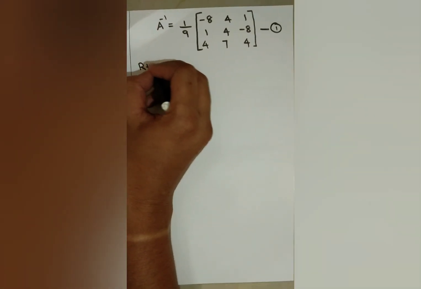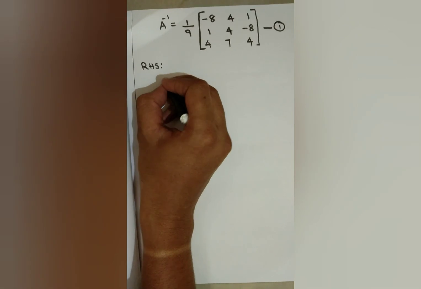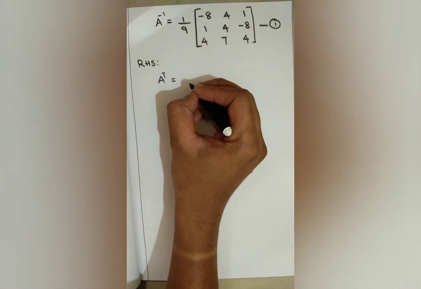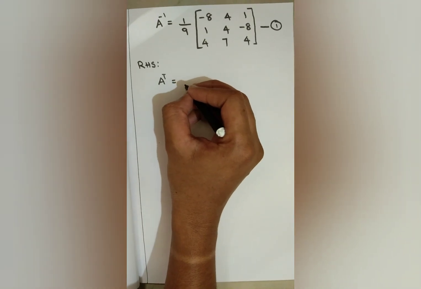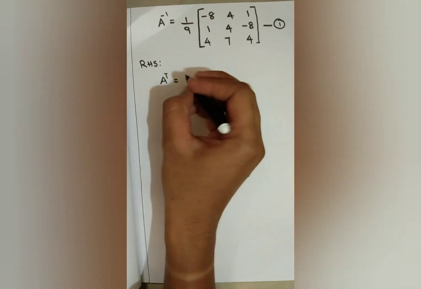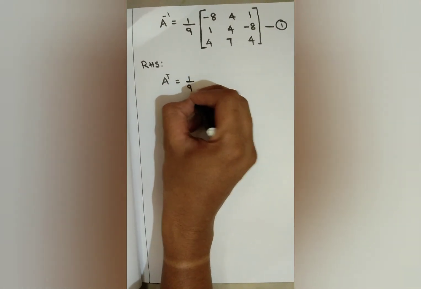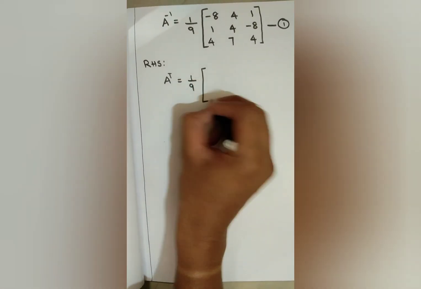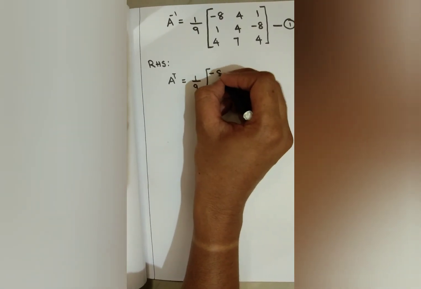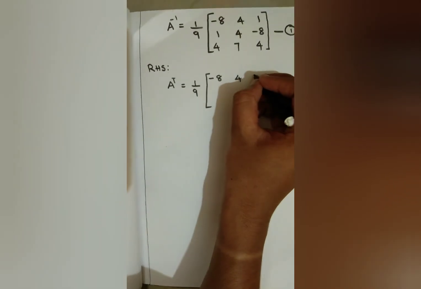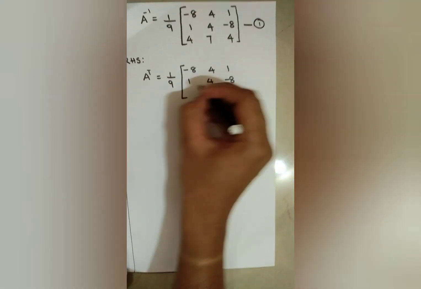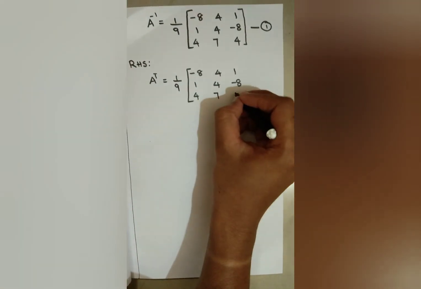Now taking RHS. My RHS is A transpose. A transpose is nothing but changing the matrix A as row into column or column into row. So A transpose equal to 1 by 9, changing the row into column, that is minus 8, 4, 1, 1, 4, minus 8, 4, 7, 4.